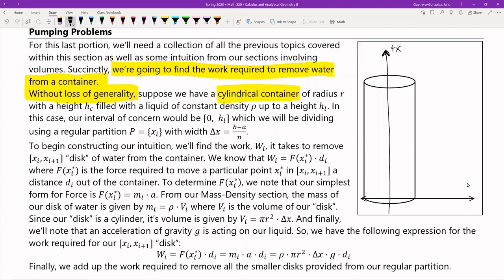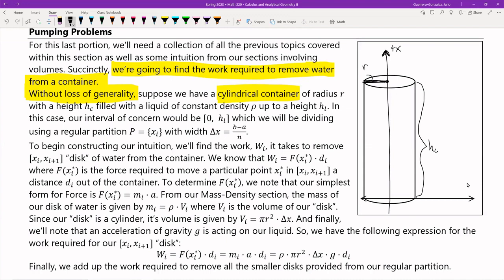Now, suppose we have a cylindrical container and the radius for this thing is r. So from here to here, this radius right here, is r. Our container itself, the entire thing from top to bottom, has a specific height, h of c, the height of the container.